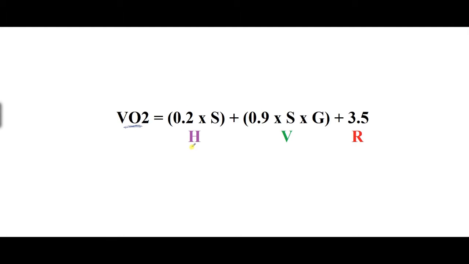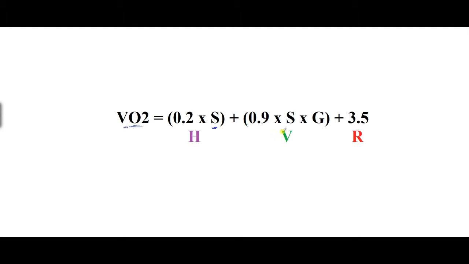Again, the H is supposed to represent a horizontal movement, and it is broken up into this constant of 0.2 times the speed of movement. So we're going to be plugging in a speed of movement for here.